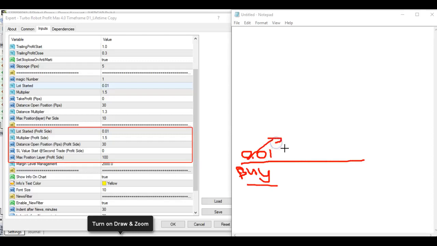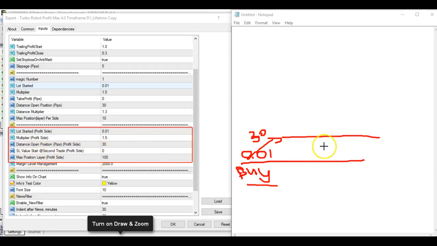Okay, so let's say your distance position, the moment it goes up, let's say 30 pips here. So next is 30 pips. Okay, so this is 30 over here, and you have your SL value over here.